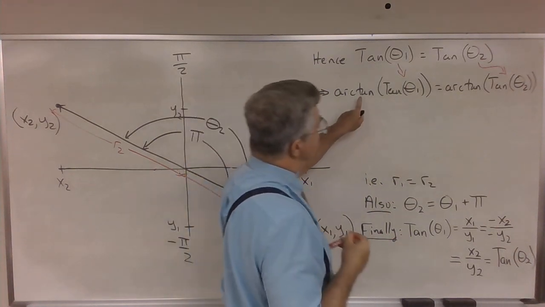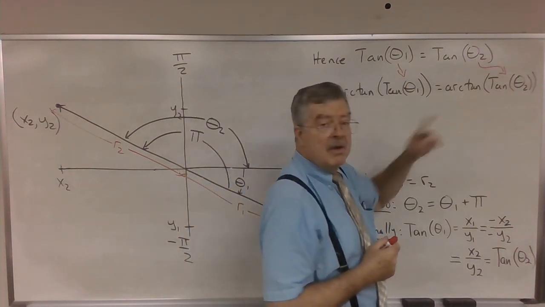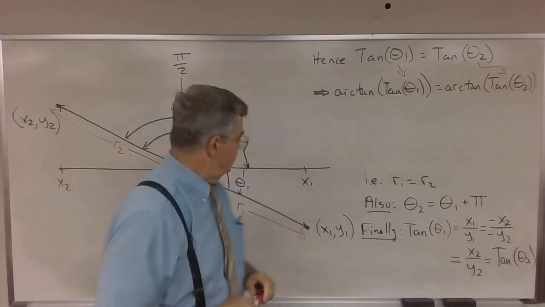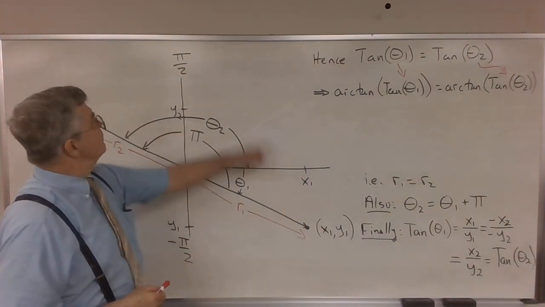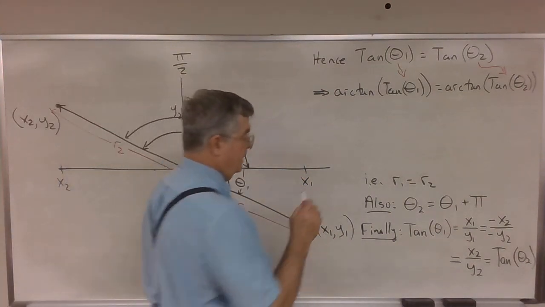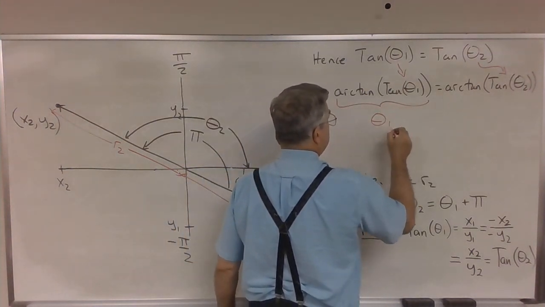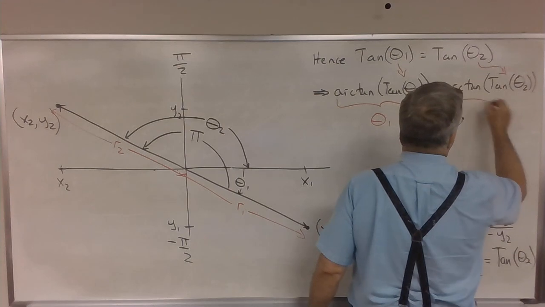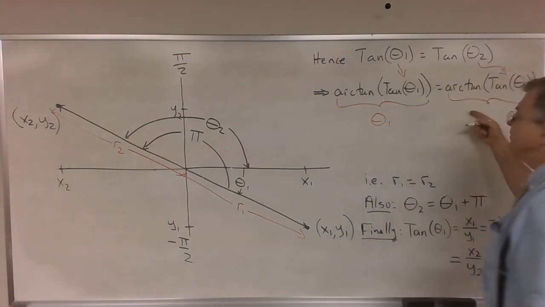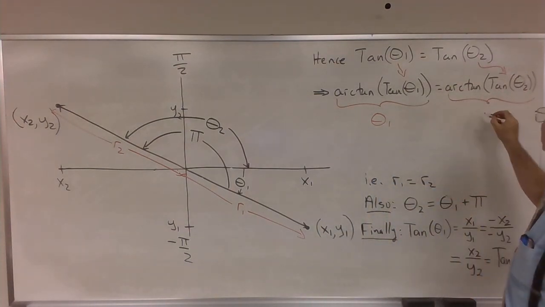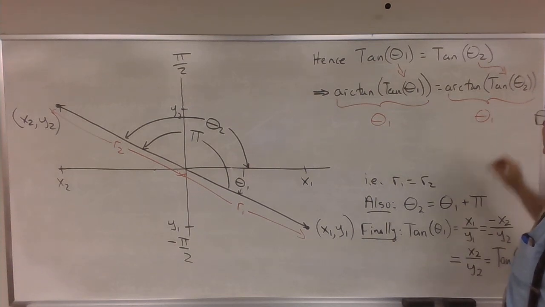For both of these, we're going to get a value between negative pi over 2 and pi over 2. This will correctly give us theta 1. Unfortunately, this is going to give us theta 1 too.